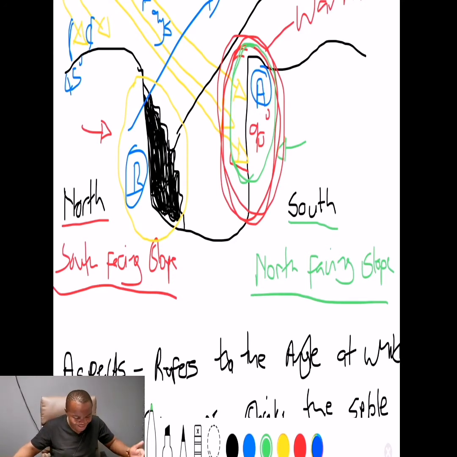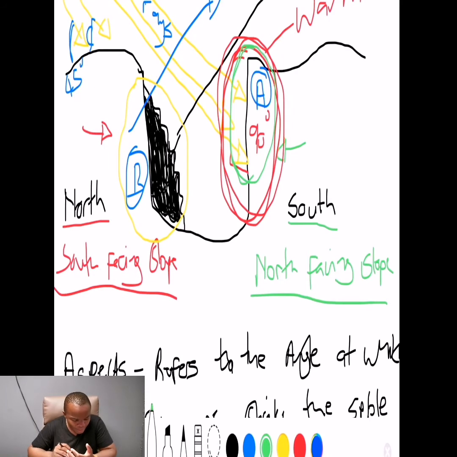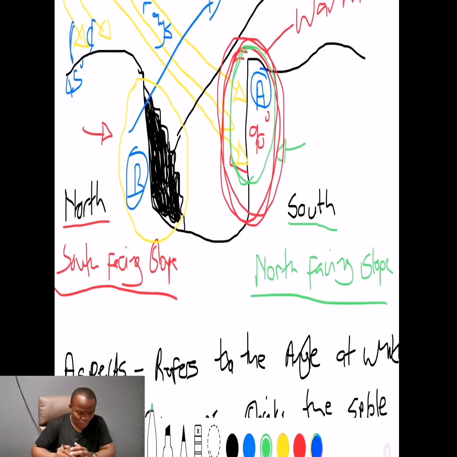Because they require sunlight to ripen and also to sweeten. Meaning that area A is suitable for farmers to grow grapes for wine making and table grapes on the warm north-facing slope because they require sunlight to ripen and sweeten.